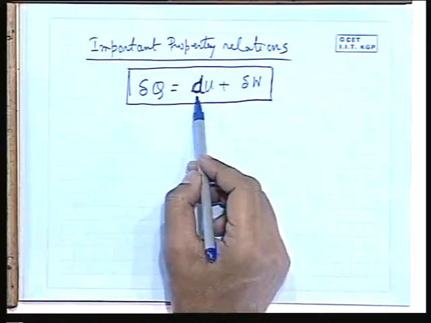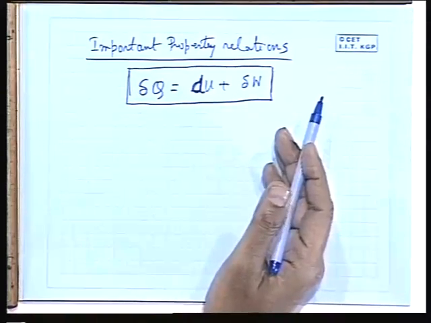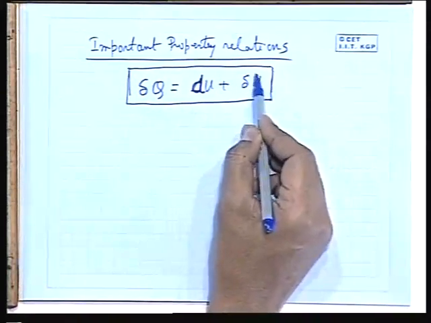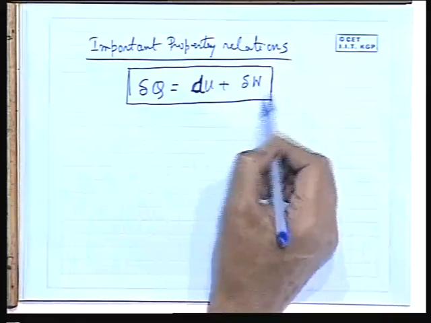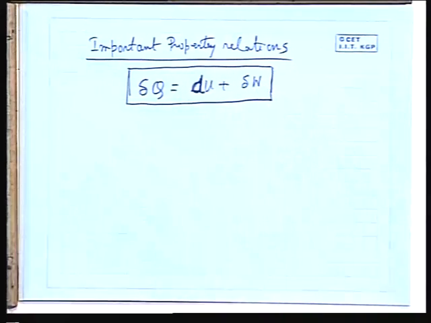That means there may be irreversibility, and at the same time there is no condition imposed on what this work transfer should be. This may be many types of work transfer. There may be displacement work, which may be irreversible displacement work, even not PdV work. There may be magnetic work, there may be paddle wheel work, which is highly irreversible, there may be electric work. So there may be a number of work transfers.